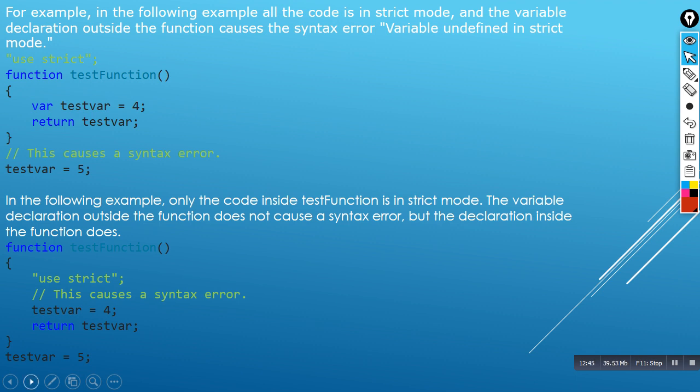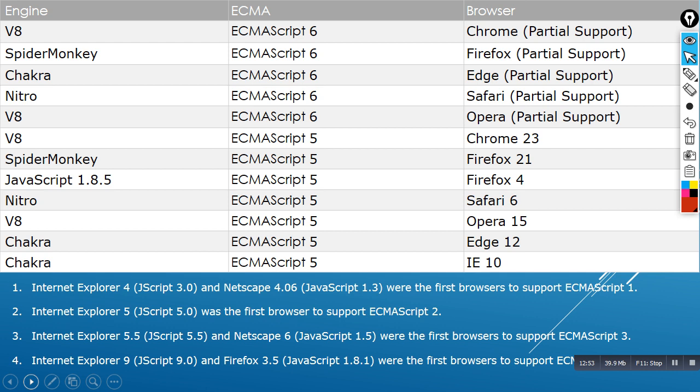I will show you practically, but for now let's move toward the next things. Here you can see all the supported web browsers. ECMAScript 6: Chrome partially supported, Firefox partially supported, Edge partially supported, Safari partially supported, Opera partially supported.